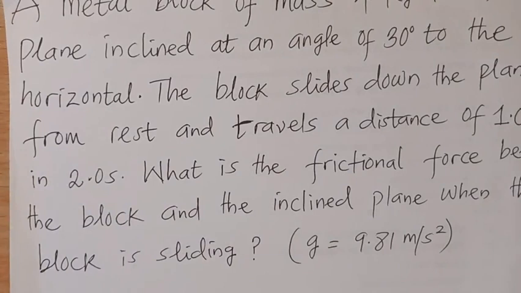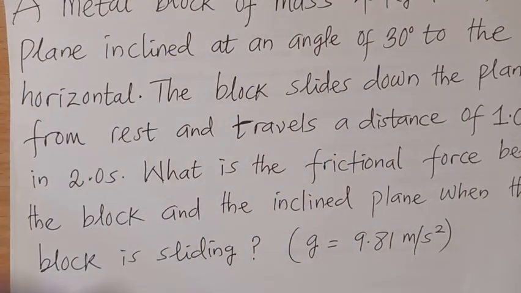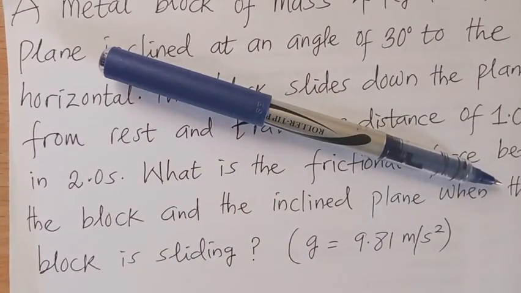Okay, to begin with, we have two kinds of frictional force. The first one is static friction. When the object is at rest, there is no frictional force at all.